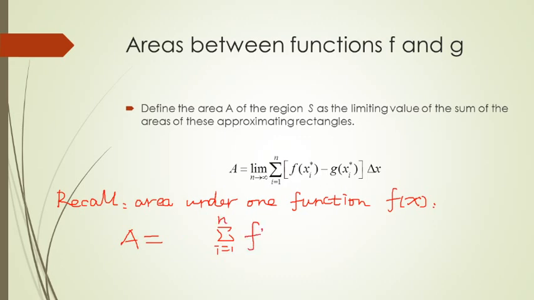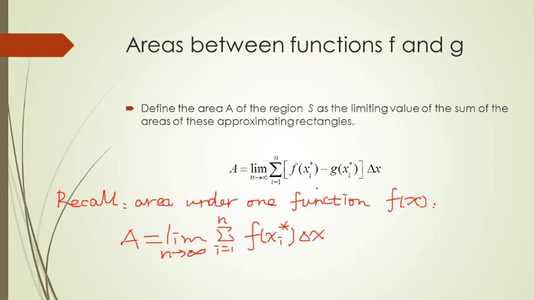But at that time, what is the height? That is just the function value that gives the height for the area under one function curve. So the height is just the function value evaluated at the sample point xi*, then times the width delta x. That is the height for the ith approximating rectangle. Then take the Riemann sum, let n approach infinity.